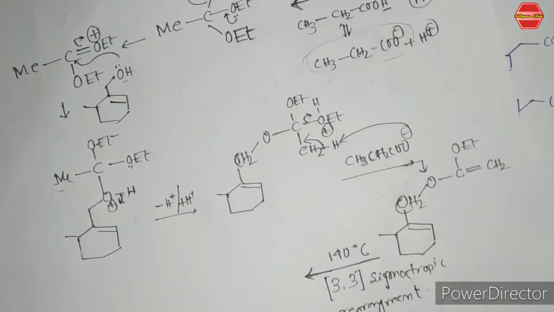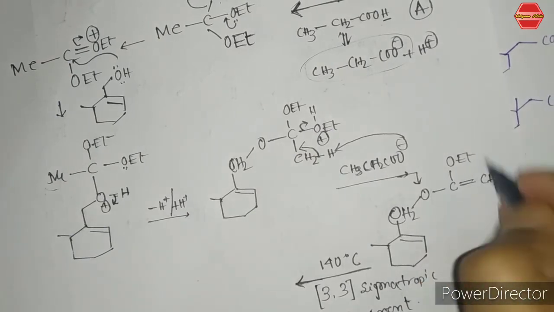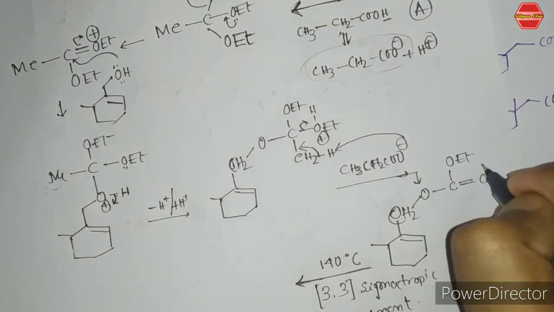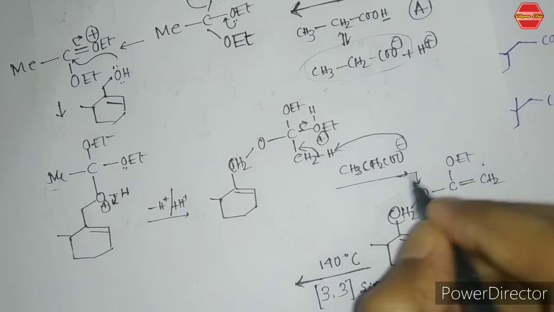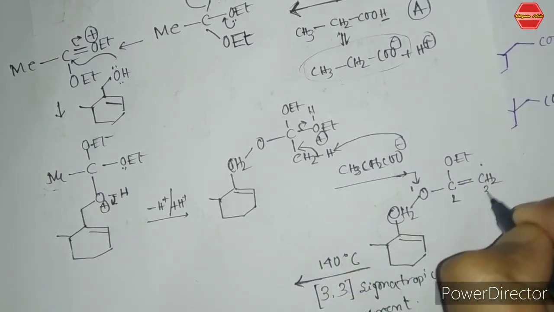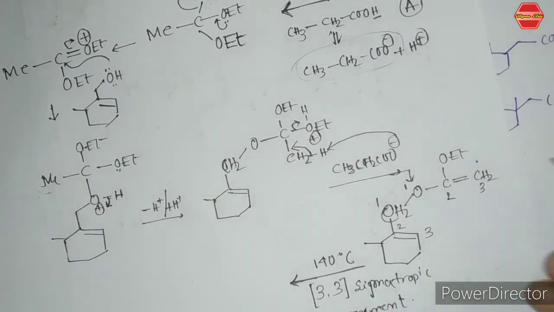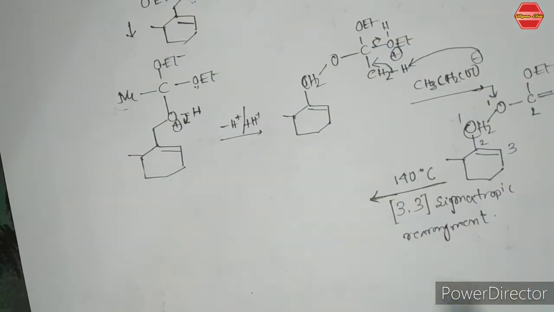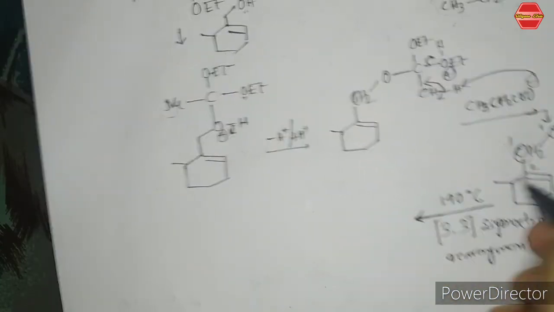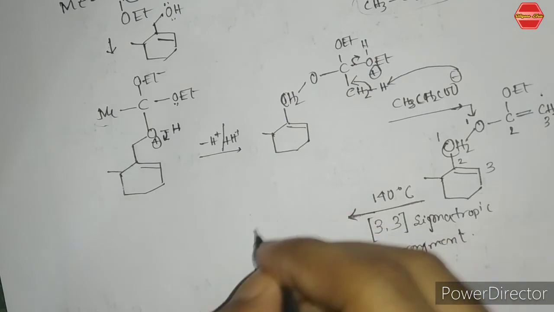Now see how the 3,3 sigmatropic rearrangement will occur. If we number from this side, oxygen has more preference, 1, 2 and 3, and here also 1, 2 and 3. You can easily solve this question, it is the basic 3,3 sigmatropic rearrangement, we all know that.